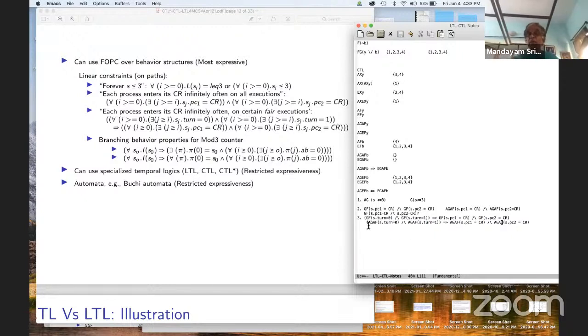It will only say that for those states for which this thing happens, only for those states. Whereas here you want the paths. You have to constrain the paths.